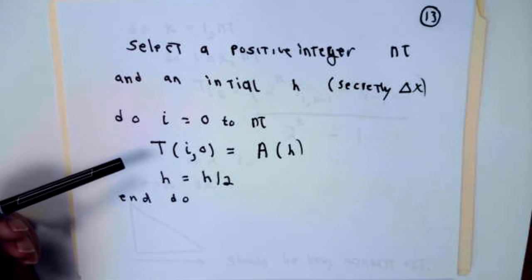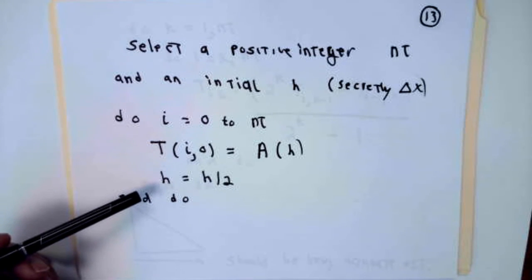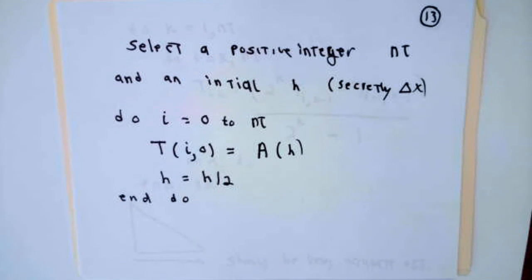Ti0 is the approximation based on h, then reduce h by cutting it in half and go around and do it again. In terms of the original spacing, you'll have the approximation based on that spacing, the approximation based on that spacing over 2, then the original spacing over 4, 8, 16, 32, and so on.